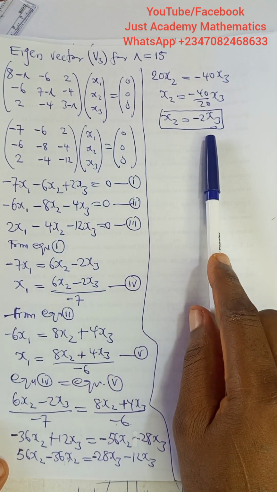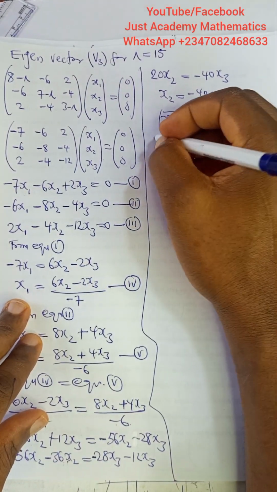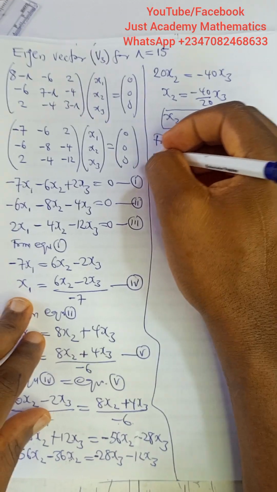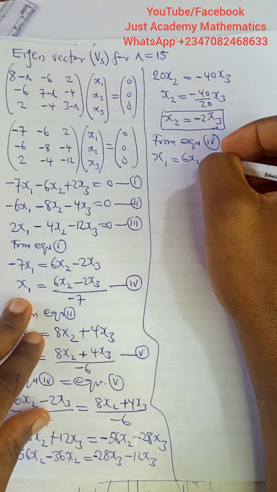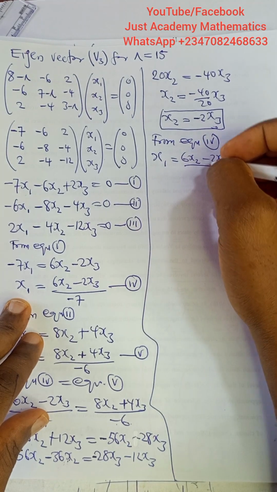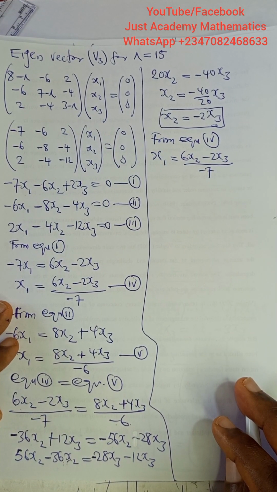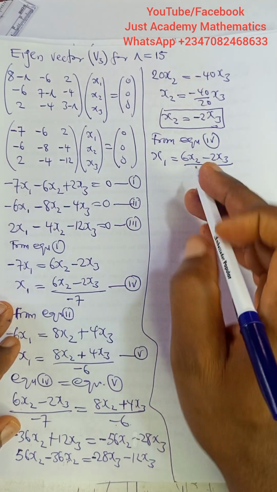So now that we know x2 in terms of x3, we can use equation 4. From equation 4, we know that x1 is equal to 6x2 minus 2x3 over negative 7. Anywhere we see x2, we can substitute this.